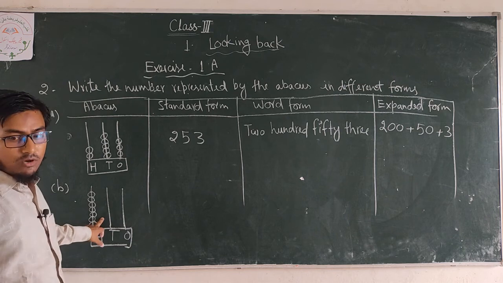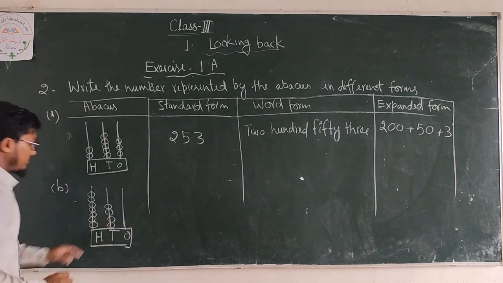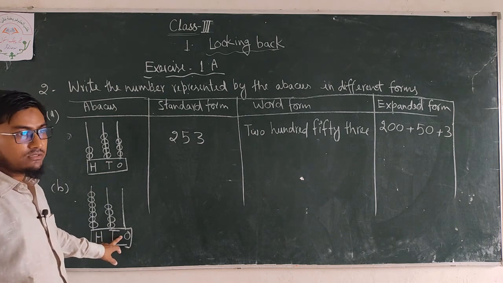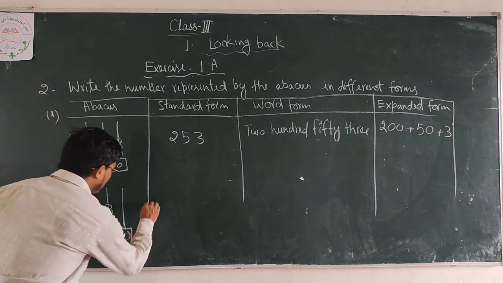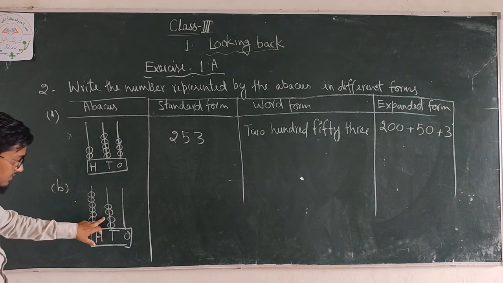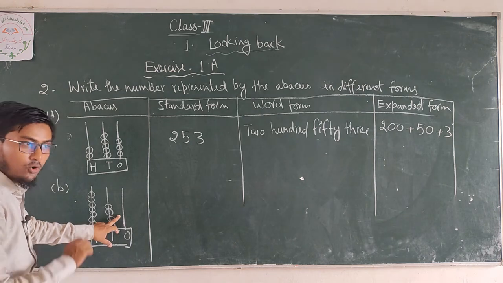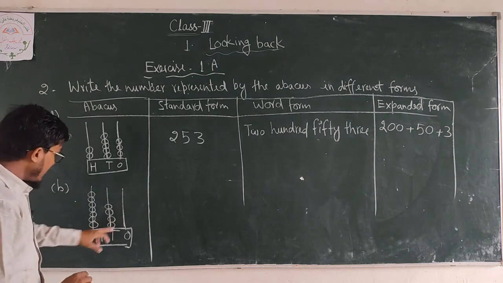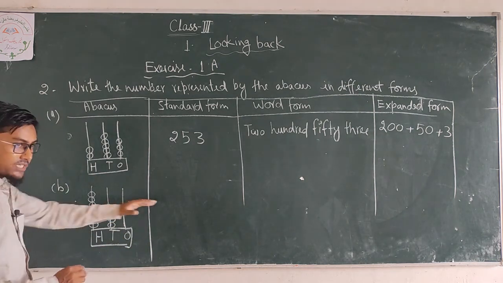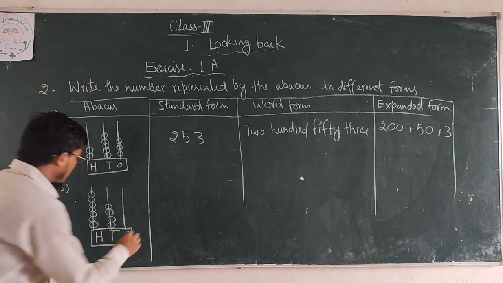On the tens position, we draw 4. On the ones position, no beads are drawn. So we write the standard form of the given abacus as 740, because on the ones position we draw no beads.